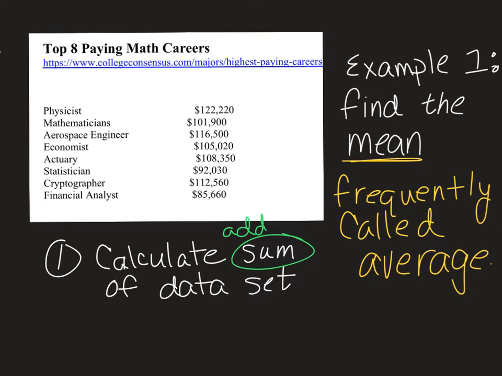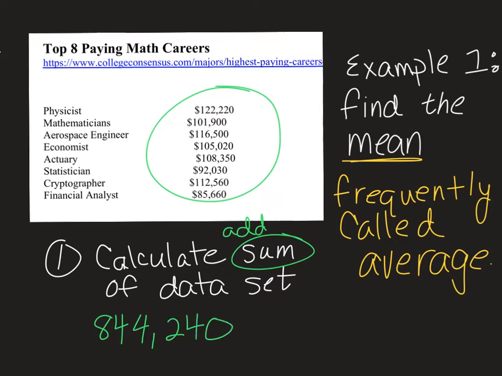So if we add all of these numbers together, we are going to get 844,240. So for the first step, we are going to calculate the sum. We are going to add all of those salaries together.